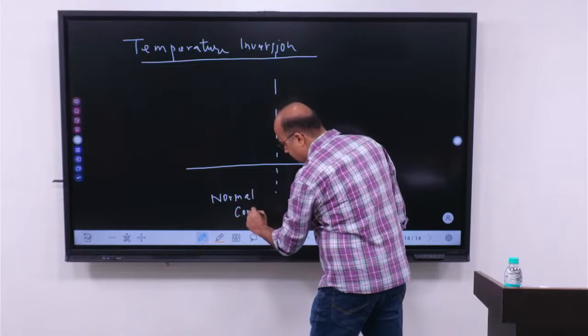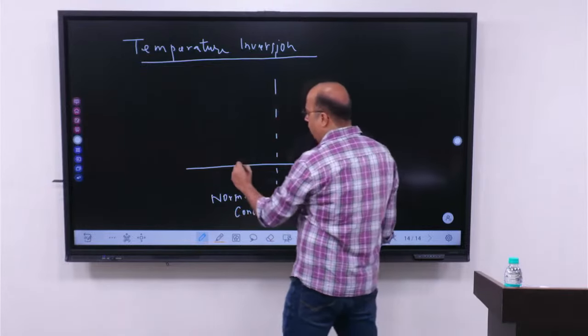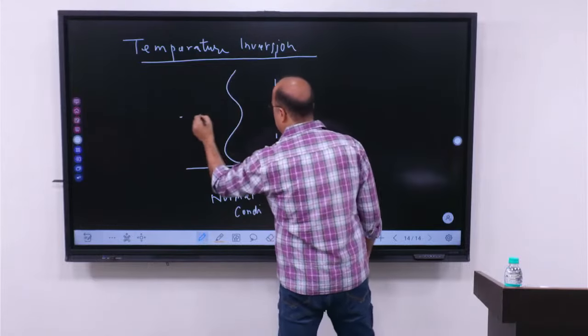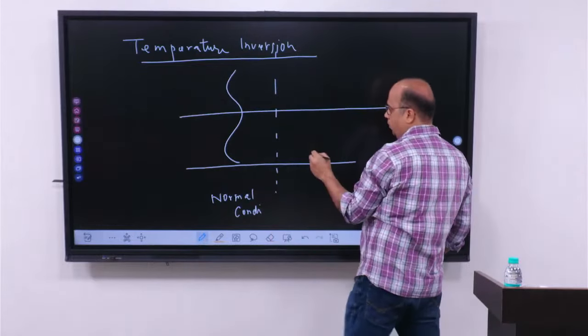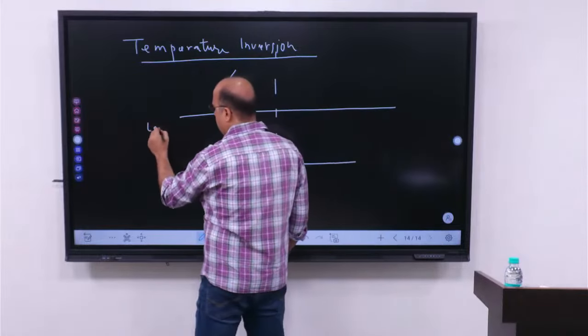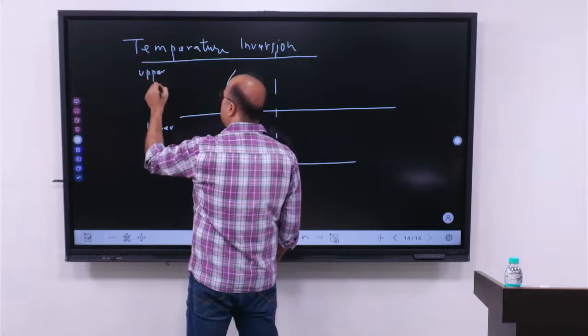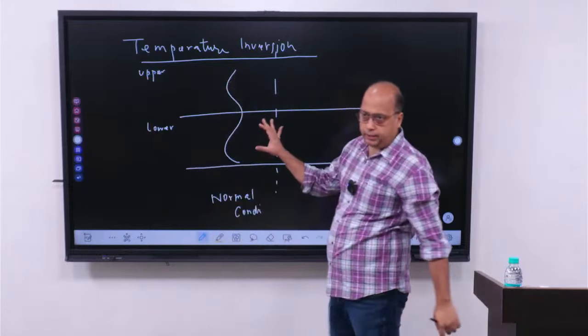We have a lower layer and an upper layer of the atmosphere.